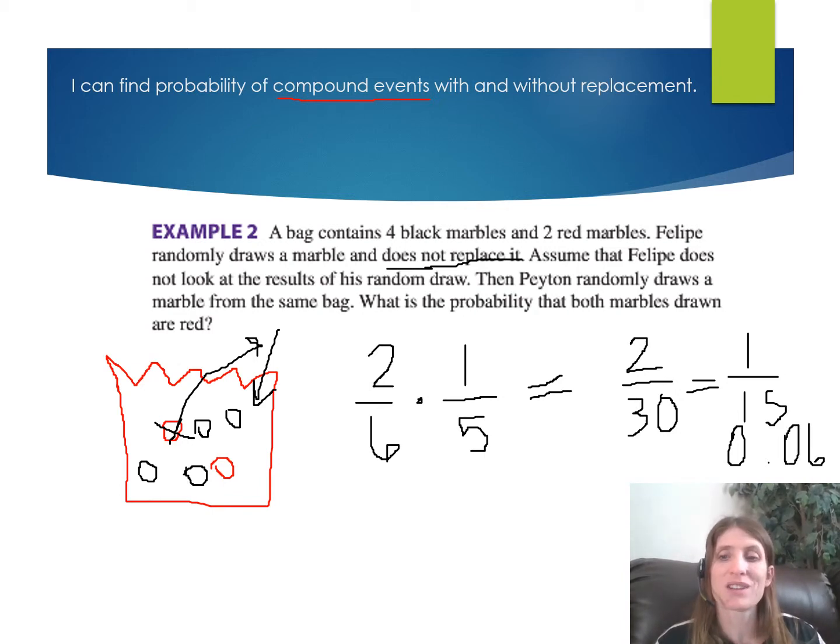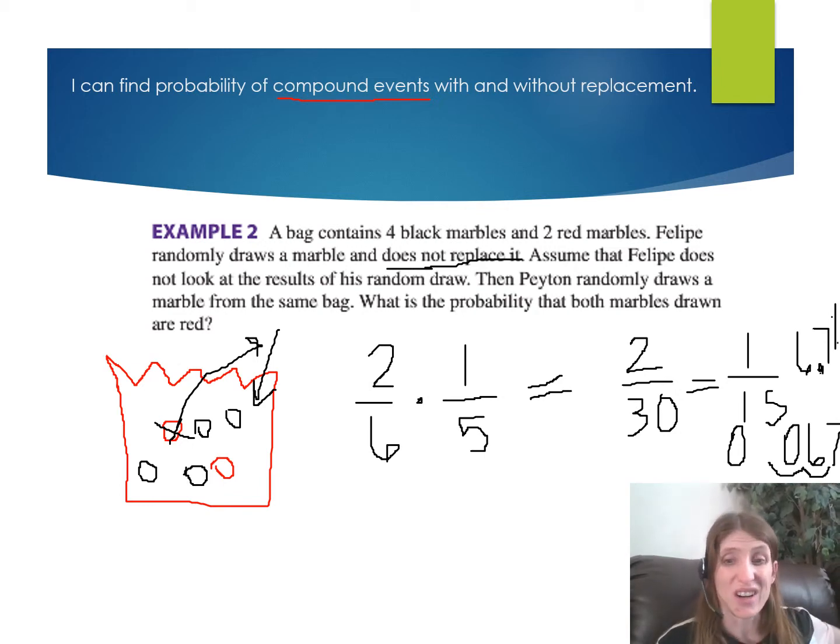And so now when I do move my decimal, you guys probably are already doing this, but you should get a 6.7% chance of that happening. So 6.7% chance that they're both going to draw a red marble, knowing that Felipe didn't return his.